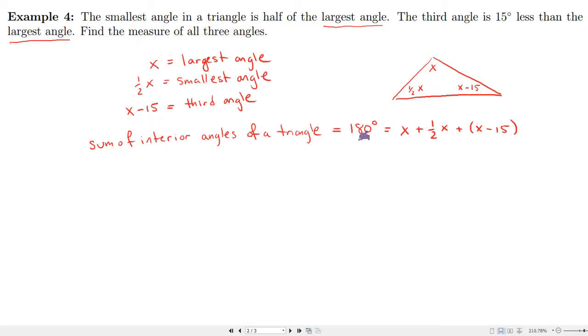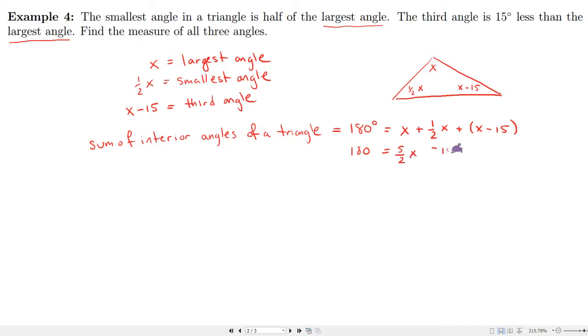And now we're at a point where we could just solve this using previous strategies. So we'll combine like terms and solve for x. We have 180 equals x plus a half x plus x. So we have 2.5x, or you could write 5 halves, it doesn't really matter.